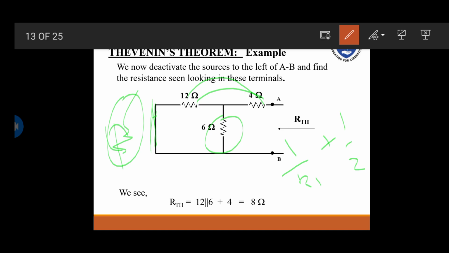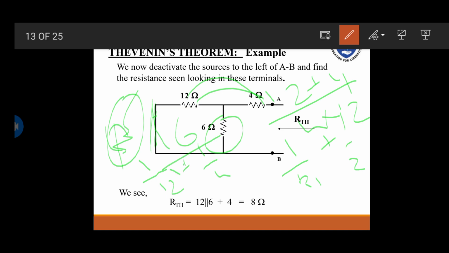Here it will give 1 by 2 plus 1 by 4, which gives rise to 4 into 2 plus 2 plus 4, which gives 4 into 2 plus 16 by 2 into 4. That is 4 by 12, which means 1 by 3 plus 4.